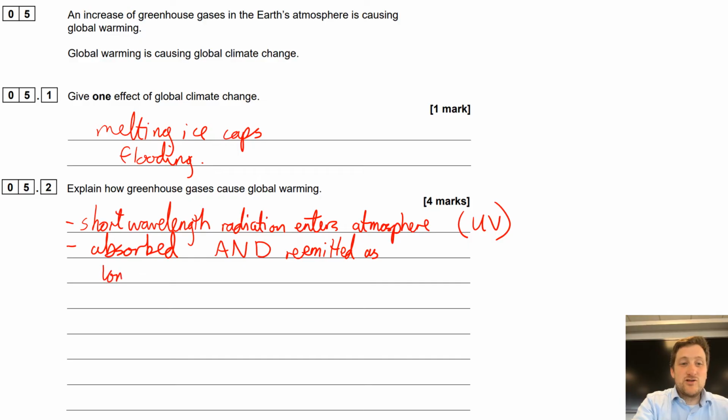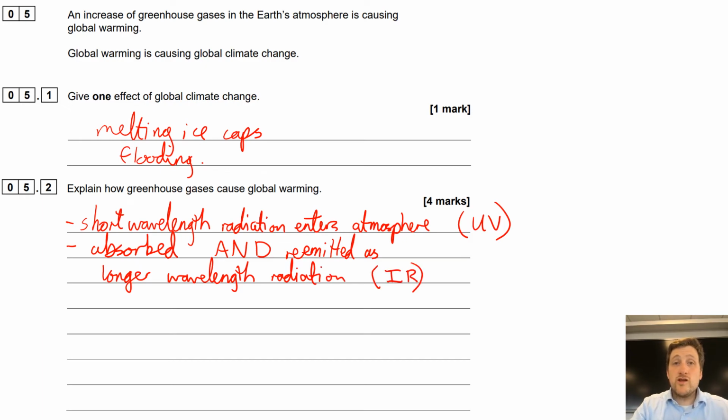This is the absolute crucial bit, that you have to have both parts, not just absorbed, not just emitted, it's absorbed then re-emitted as longer wavelength radiation. Again, you can say what type of radiation that is. This is our infrared radiation. You should know that infrared radiation is longer than UV radiation.